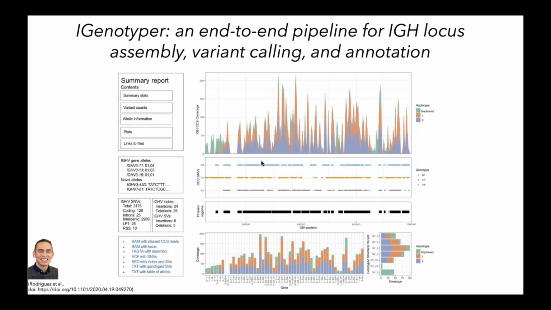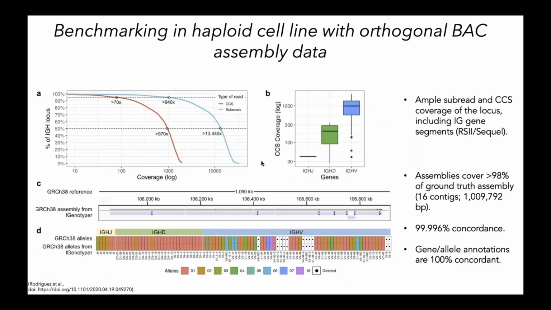And so I'm not going to go through all these figures, but we're getting closer to having an automated pipeline to process these data and have these nice output reports with all the variant information, et cetera. And so in doing this, we've had to do a lot of benchmarking, and a lot of our initial benchmarking started using a haploid cell line, mainly because we had previously characterized this cell line using a BAC assembly approach, actually many years ago now, and Sanger sequencing.